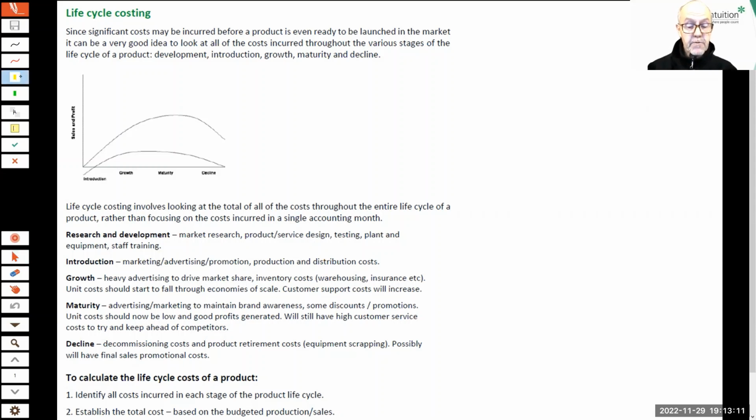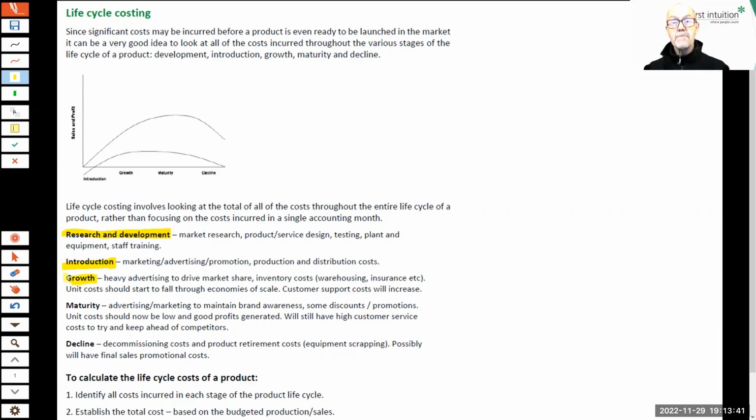So the first stage we have is research and development. Then at launch, we've got to get it introduced. We spend a lot of money marketing. Some products, we have teaser adverts that go out months before the product has even come off the line and gone to the shops. Then there's the stage of growth where we're spending a lot of money promoting, advertising.